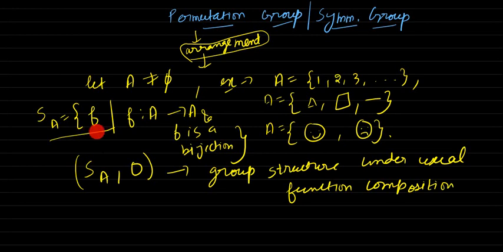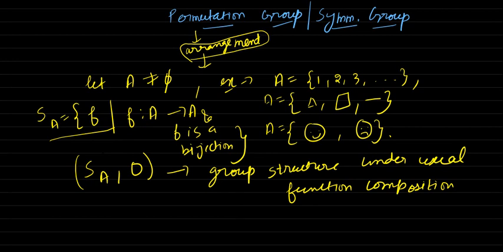They look like functions on the set A. Not just functions, they are bijective functions on the set A. And the usual operation we can give on S_A is nothing but the binary operation, the composition of functions on S_A. Under composition, this set becomes an algebraic structure, which is the group structure. This is the way we define the permutation group.